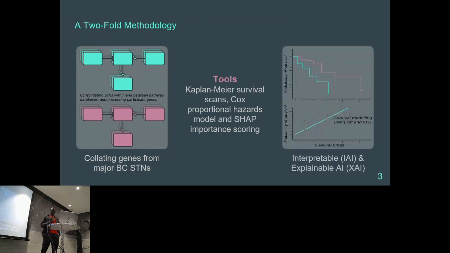then we employ the KM, Kaplan-Meier, to get the gene expressions that are having a variability that is sufficient enough to help us discover some pattern from those expressions of those genes.